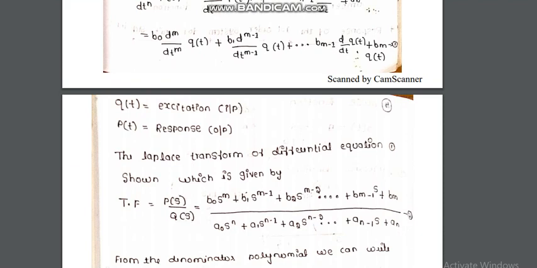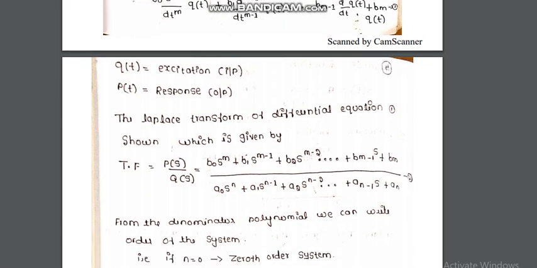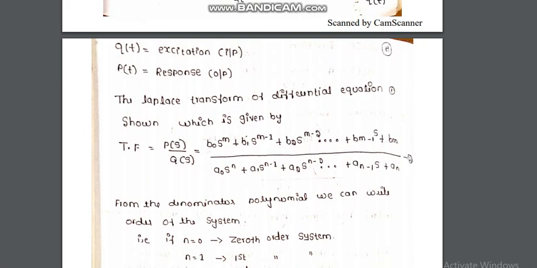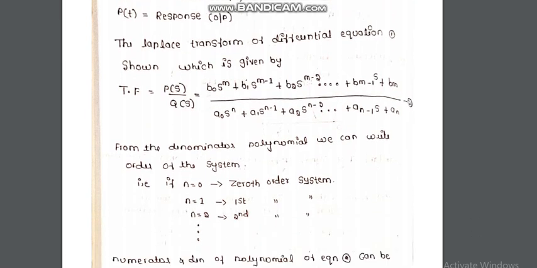So that is the transfer function of the above equation: P of s divided by Q of s is b naught s to the power m plus b1 s to the power m minus 1 and so on, divided by a naught s to the power n plus a1 s to the power n minus 1 and so on up to n. So from the denominator of the polynomial, that is equation 2, from the denominator of equation 2, we can write the order of the system.